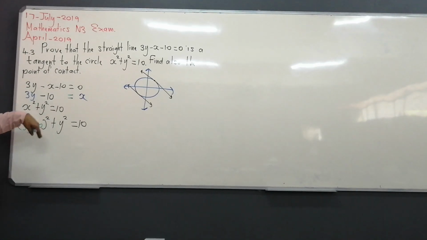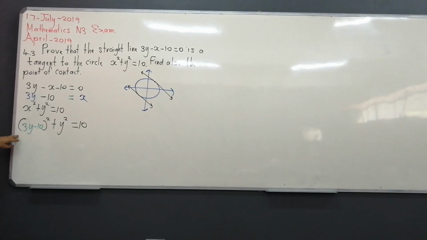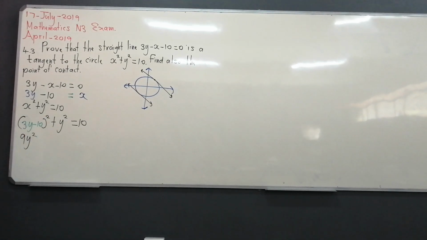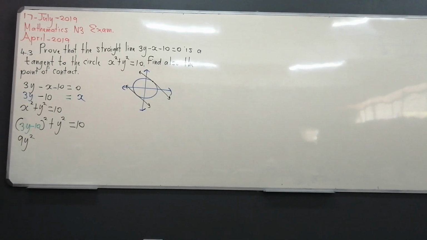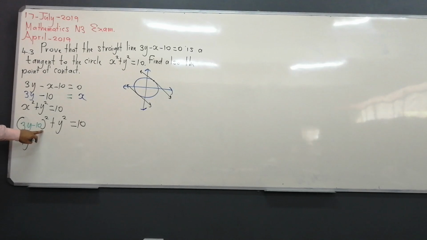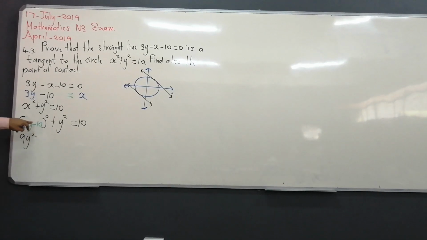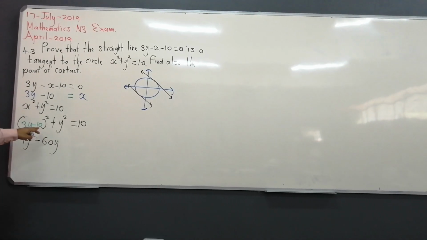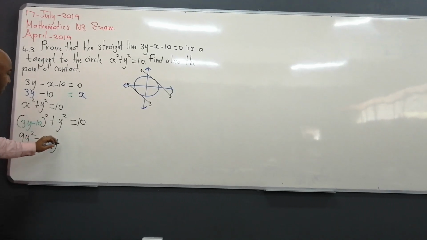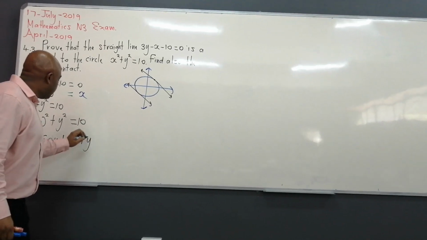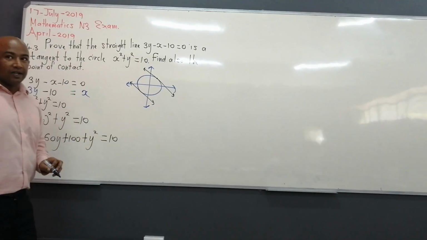So 3y, we can square this in one step. Okay, so 3y squared, that will be 9y squared. Then the middle term is going to be 2 times the first term times the second term. So 2 times, minus 3y times 10 is minus 30y, times 2 is minus 60y, and then minus 10 squared is plus 100 plus y squared is equal to 0.